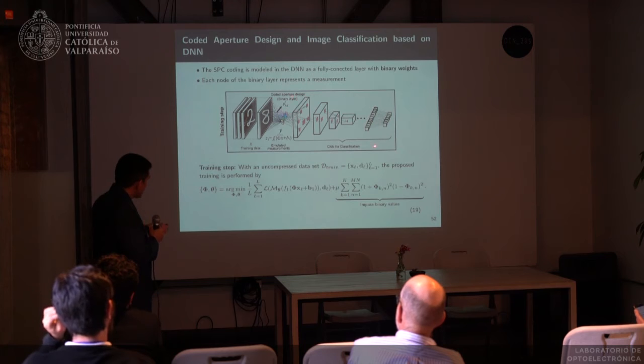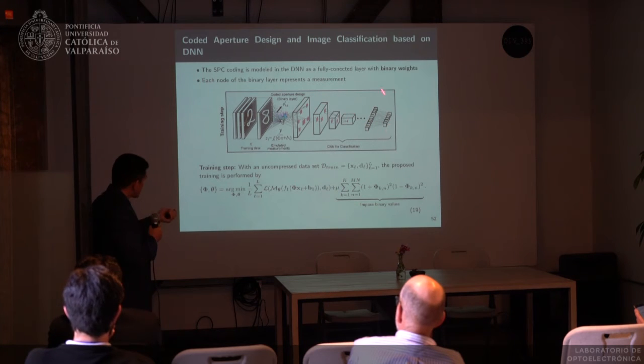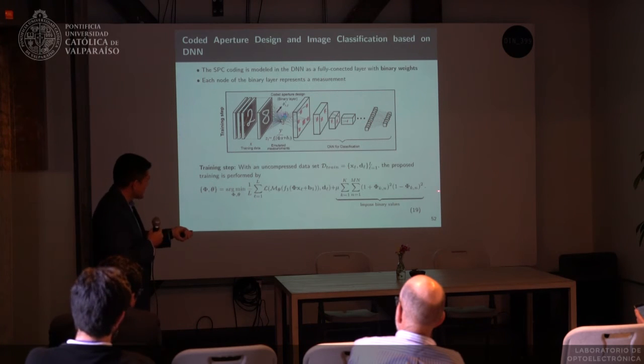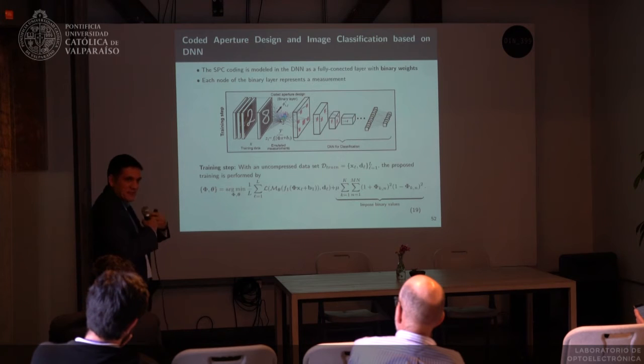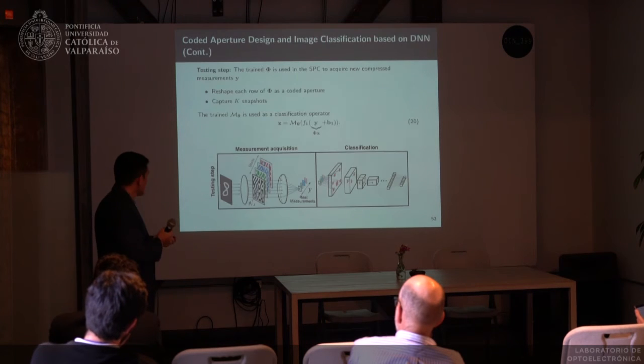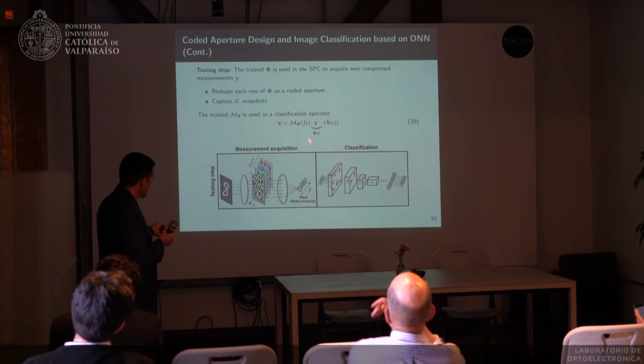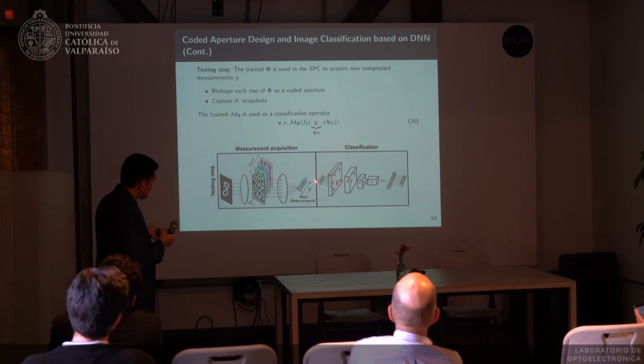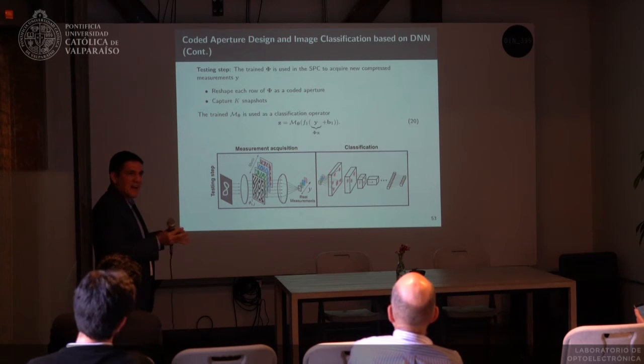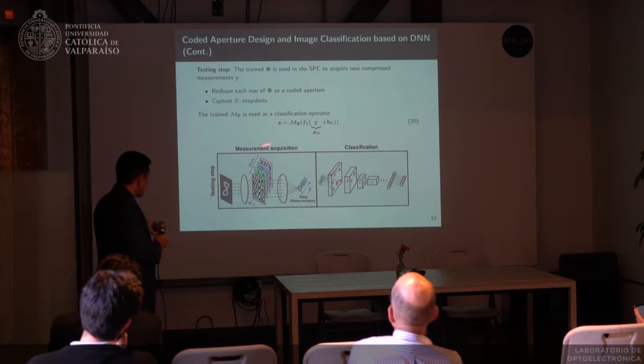This is interesting because now you are going to train this with this cost function, and after you train this, you remove the first part. You remember the fully connected layer, you remove that part. And now that part is going to be the hardware.